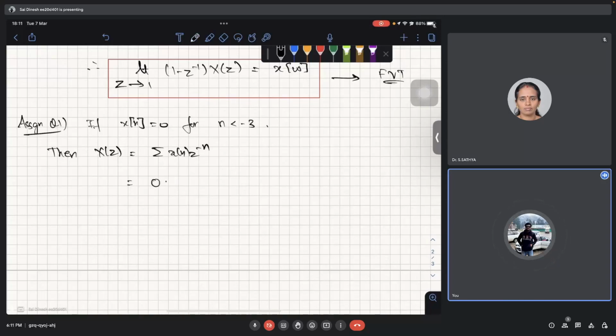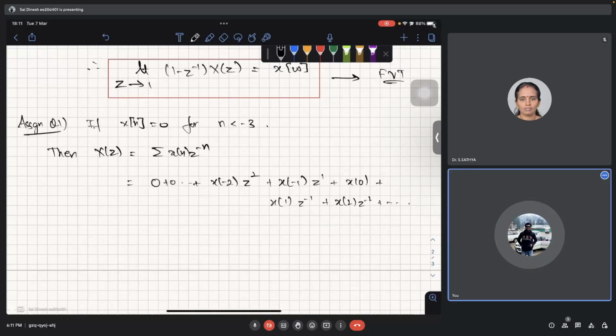So all of them are zeros, and then x of minus 2 z square, x of minus 1 z power 1 plus x of 0 plus x of 1 z power minus 1, x of 2 z power minus 2, and so on.